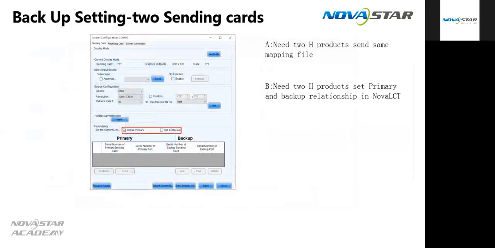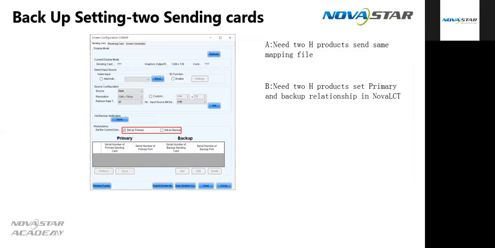And then here is the important thing, which is different from one sending card backup: you need to set up the primary, and you need to click to enable primary setup as backup for two sending products. And remember, you also need to send the sending product's mapping file in screen configuration.